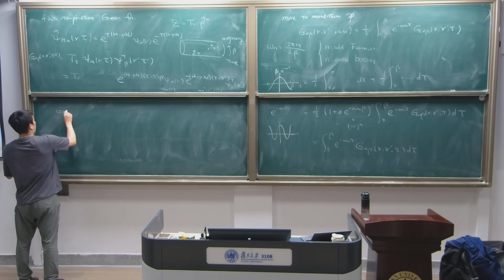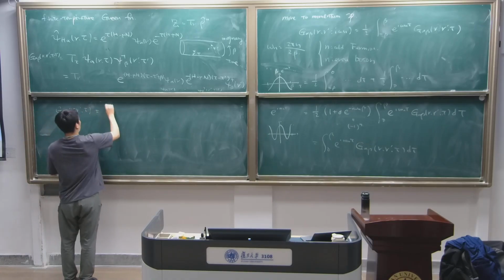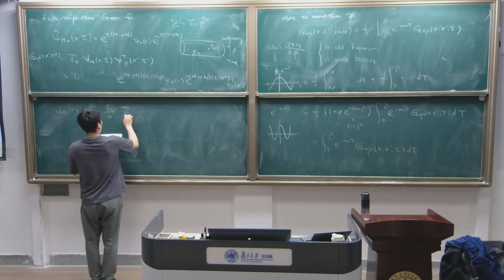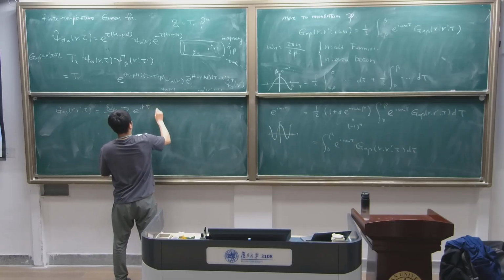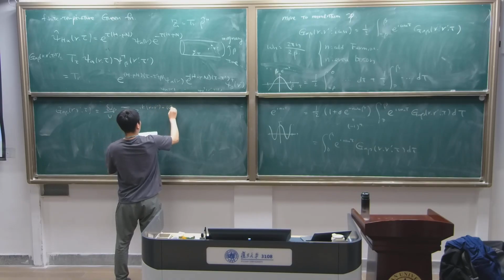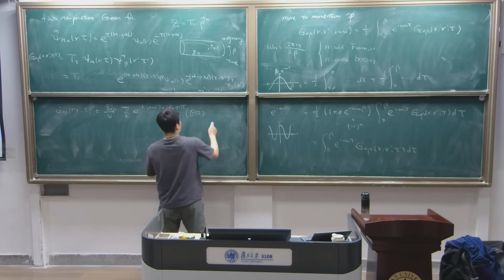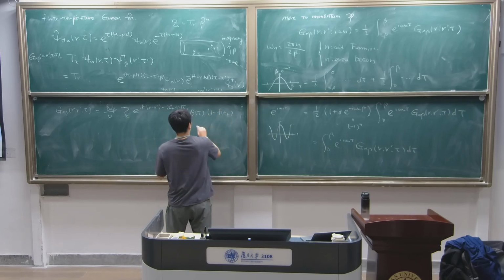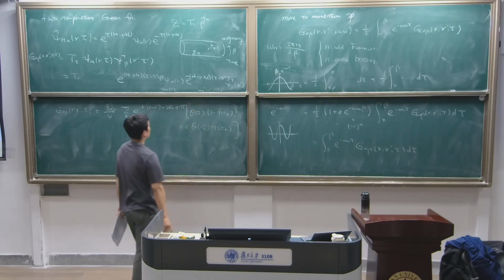So G alpha beta is essentially delta alpha beta divided by the volume, sum over K e to the I K dot (r minus r prime), and then the time-ordered terms with theta of tau and theta of minus tau. If you do more expansion, you get this.